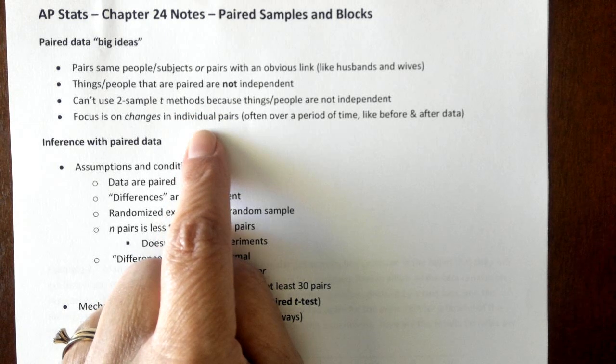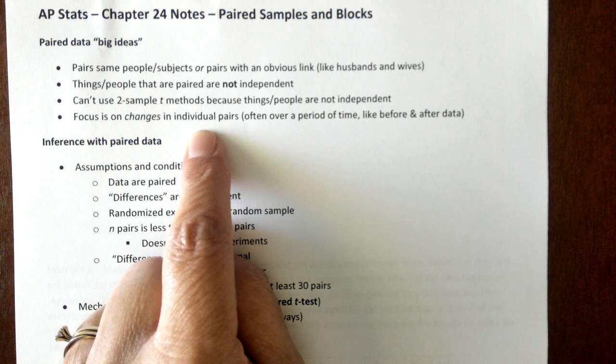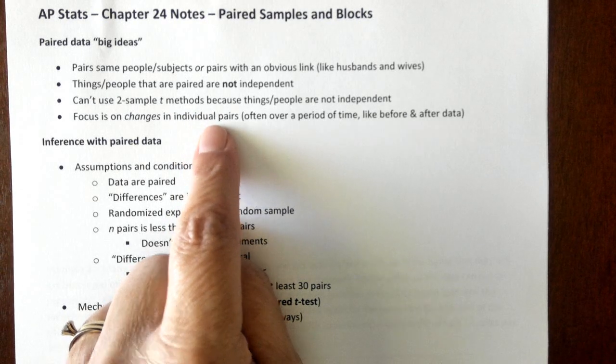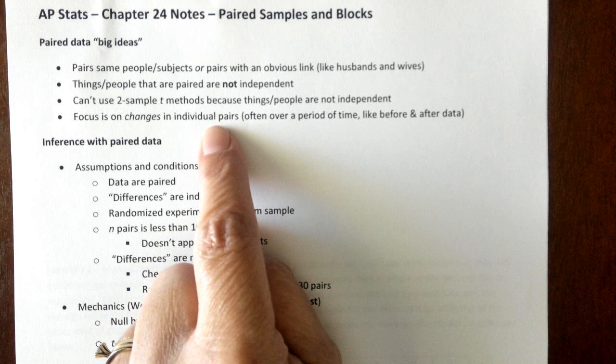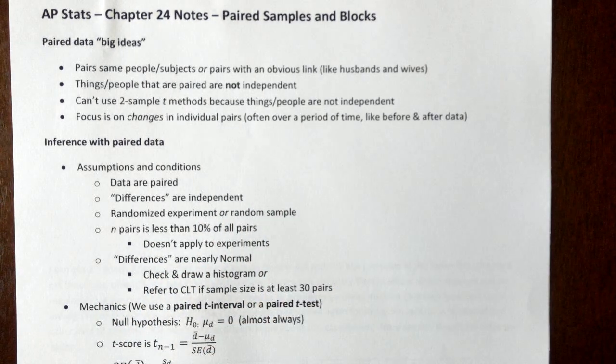Instead of focusing on 2 groups and how different the 2 groups are, you focus on changes in individuals, so before, after sorts of comparisons, or pair them up and see how different the pairs are. Sometimes there's a period of time, sometimes there's old data versus new data on the same people, and you just see what the changes were, often over time.